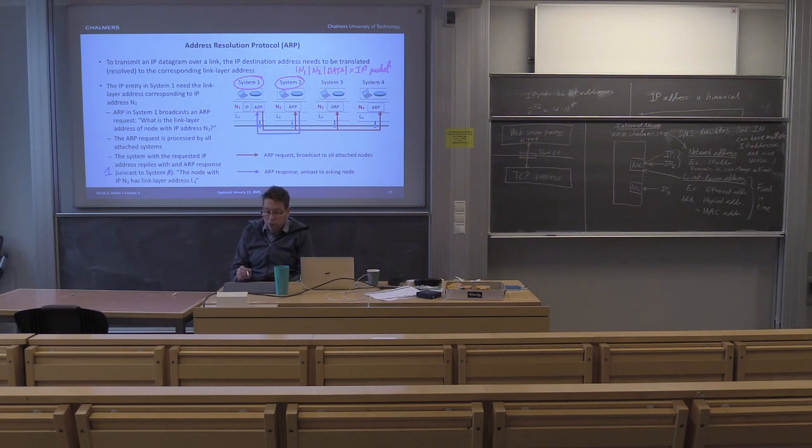So by doing this, we send an ARP request and an ARP response. Now IP in system 1 knows that the link address of the system which has IP address N2 is L2. This is why you sometimes need this broadcast address.